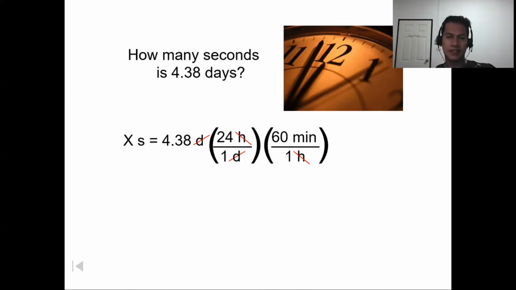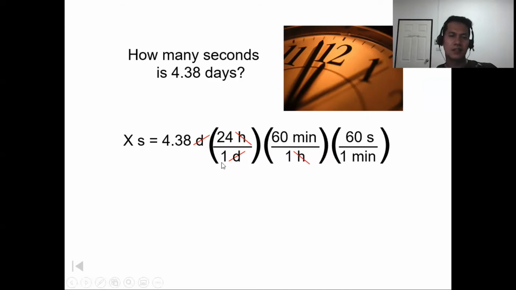Are we there yet? Not yet, because this one is in minutes. We are looking for seconds. How many seconds in 1 minute? Okay, that's the correct question. I think you already know the answer. There's 60 seconds in 1 minute. And so this here will cancel out minutes. And so now we are arriving at the correct unit.